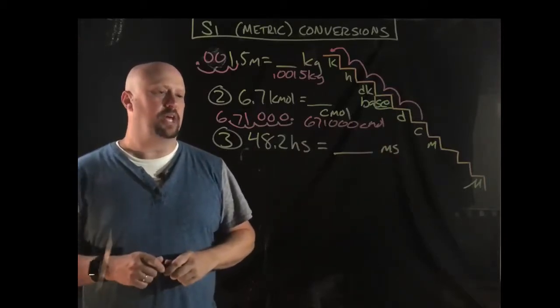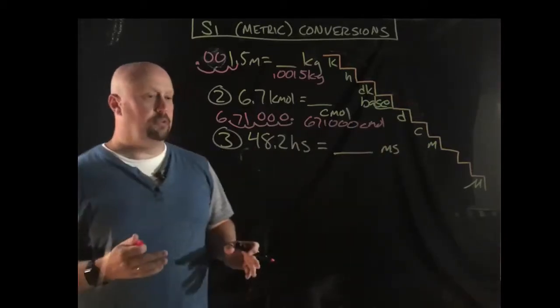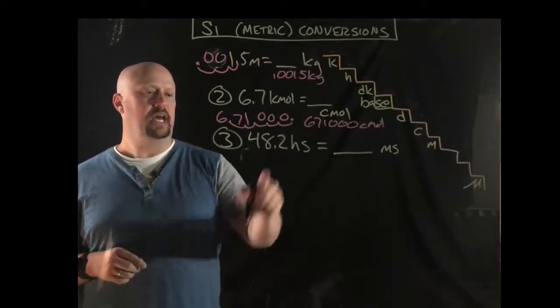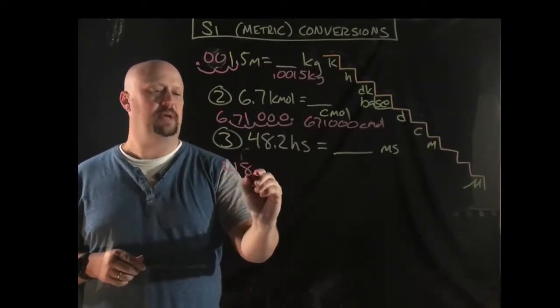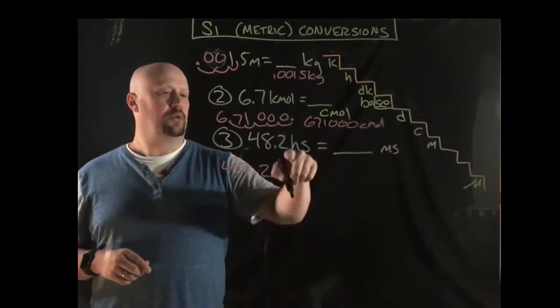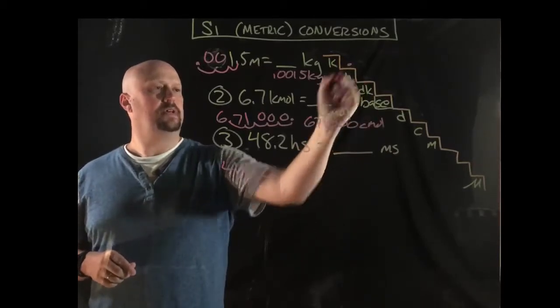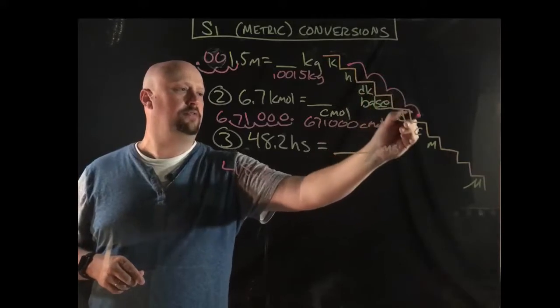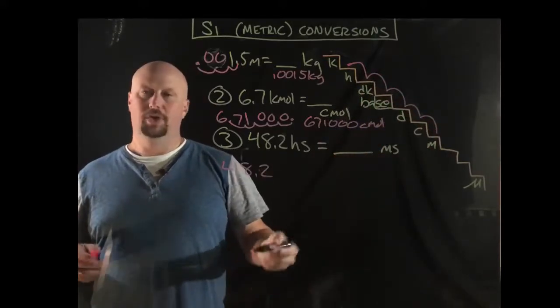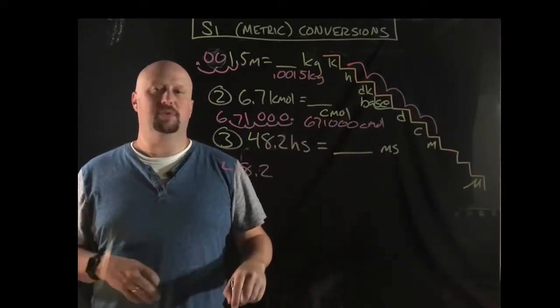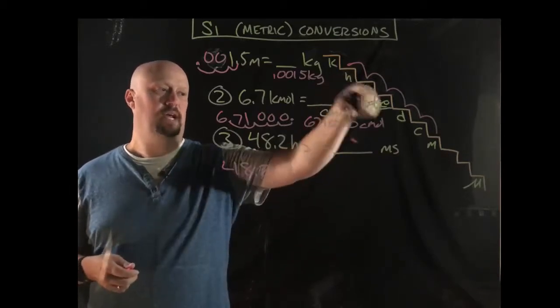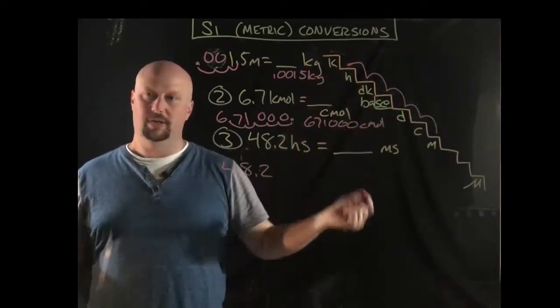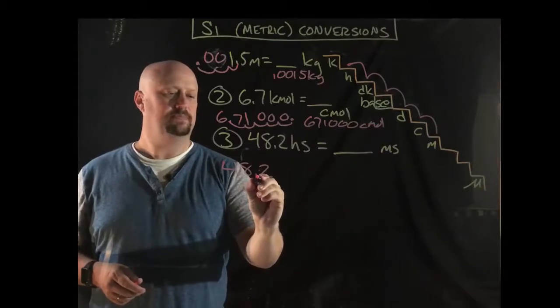So let's try another one like that. This one's pretty similar to the last one, but let's just make sure that we got it. I'm going to rewrite this just to make sure that I've got space. We're at hecto, and we're going to milli. 1, 2, 3, 4, 5. You'll note that that's the same as we did up here, because 5 steps is the distance between hecto and milli, same as it was between kilo and centi. 5 spaces to the right.